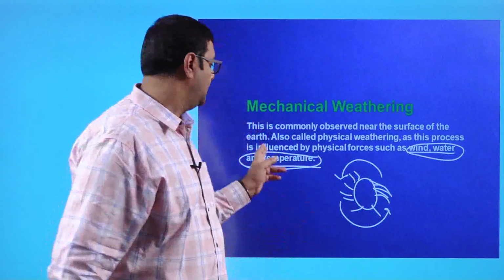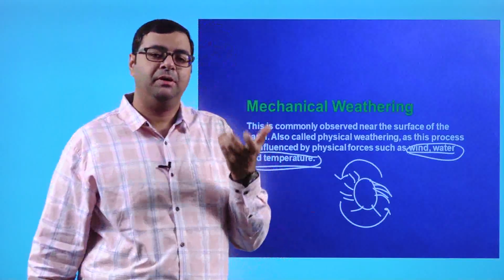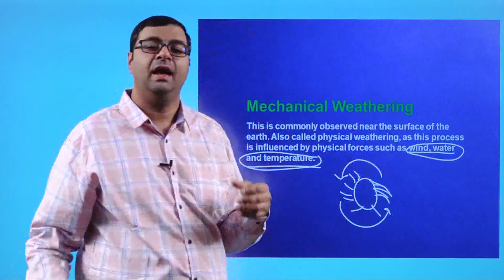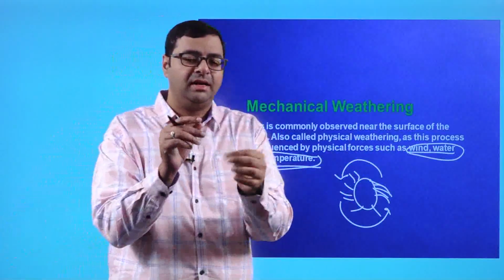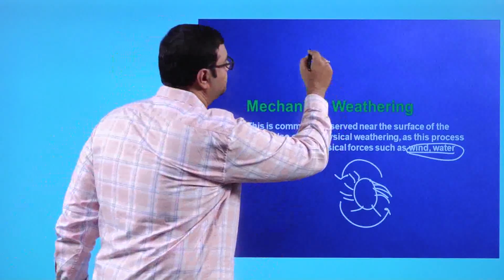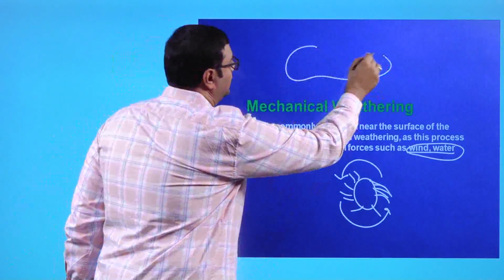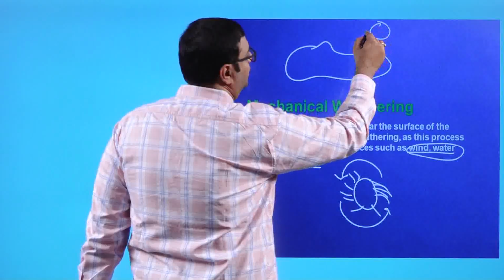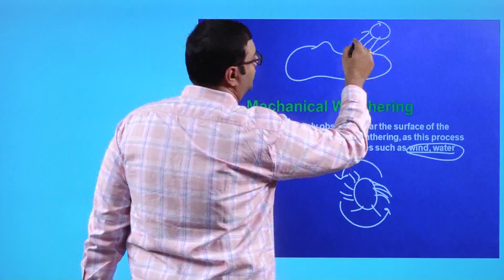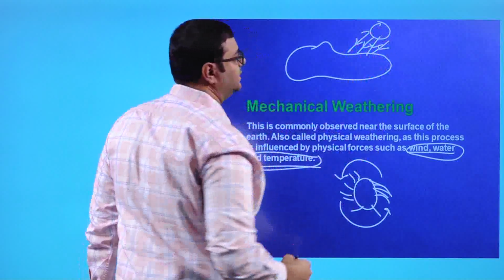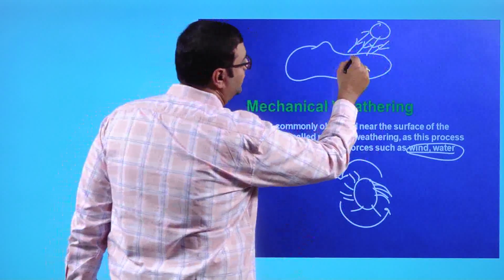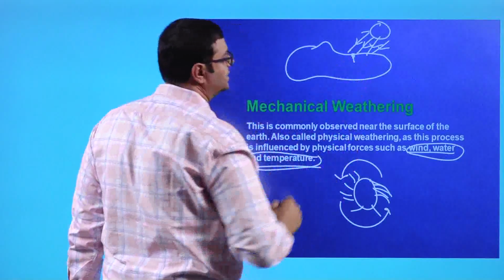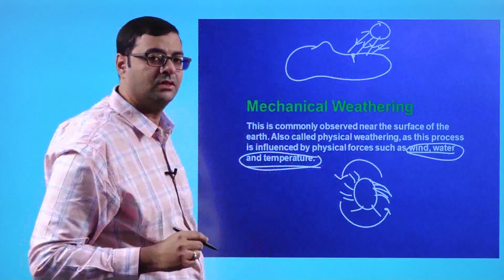But when we are talking about temperature, the rock is exposed to various agents like wind and water, and if you get high temperature, say for example this is a rock and the sun is beating on the rock very high, there can be a small crevice which starts because of the pressure exerted by the natural forces on that particular rock.